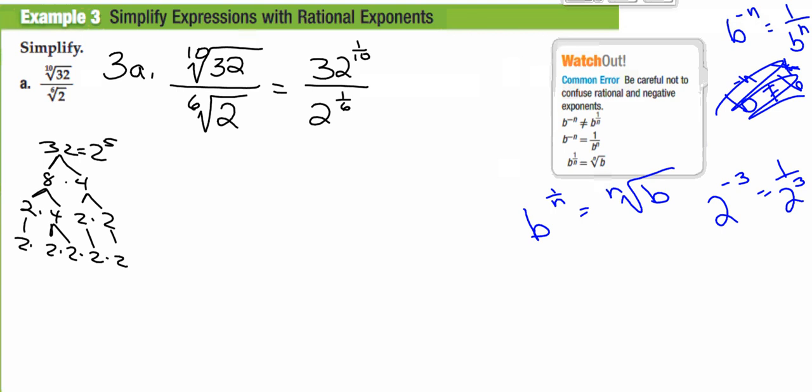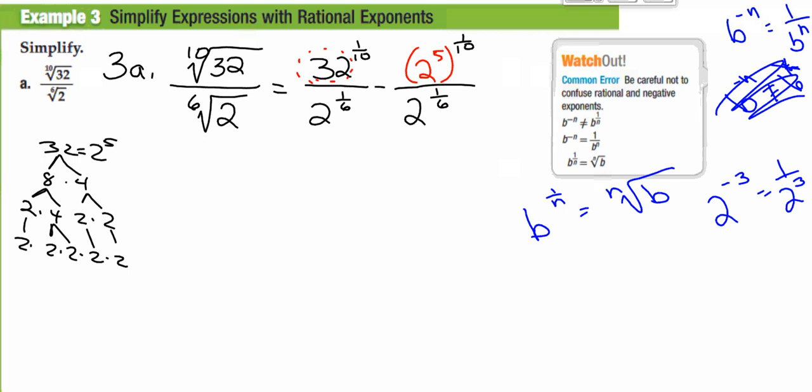If it had been x to the 6th over y squared, we couldn't do that. Do you agree? Those have to be the same kind of bases. But we just said 32 is 2 to the 5th. So I'm going to take this 32 right here, and I'll circle it in red. I'm going to change it to 2 to the 5th, and I'll put it in parentheses, and now it's still raised to the 1/10, and this is 2 to the 1/6.